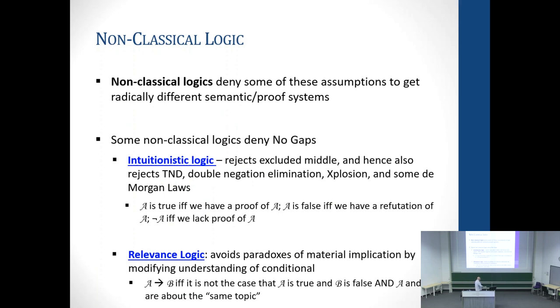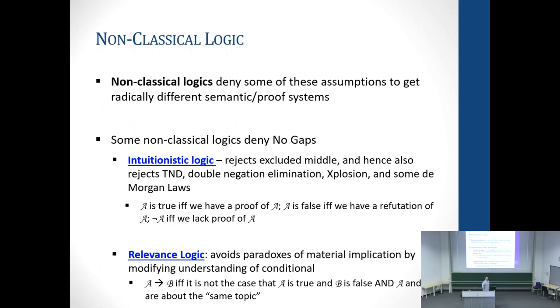I don't have a proof for A. I also don't have a proof for not A. That is, that A is false. I have a proof for neither. In that case, you actually get some very, very weird things, right? It's not the case that A or not A. Why? Because I just don't have a proof for either one.